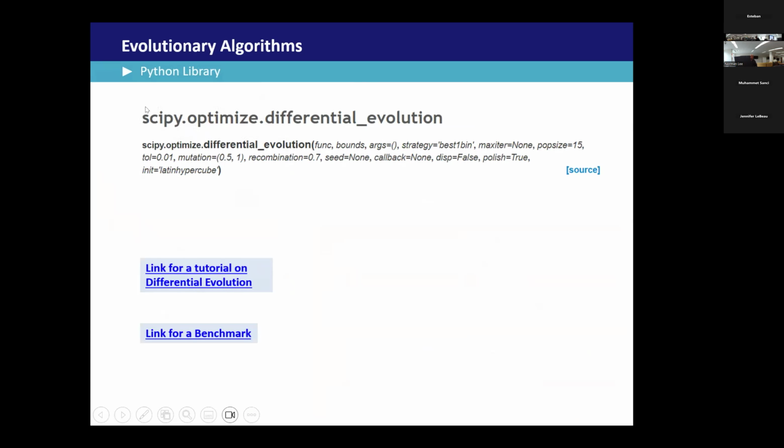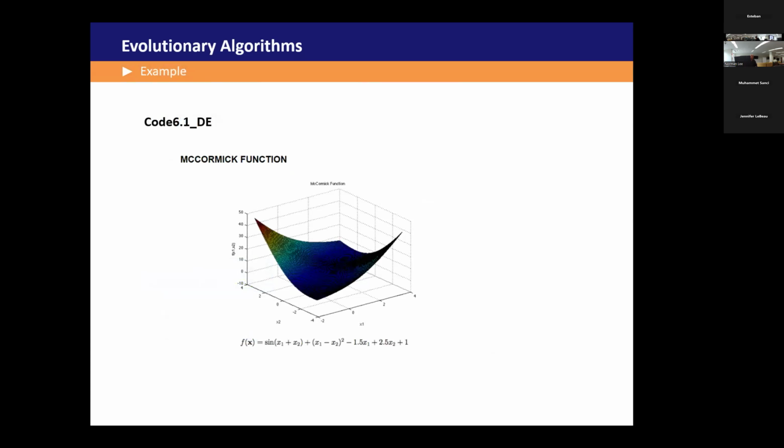In Python, we can use SciPy. It's done in a library that we can just download, differential evolution. If you are using SciPy, you don't need to download it. We will do it today as well. And there is a tutorial of differential evolution and a benchmark there that you can see.